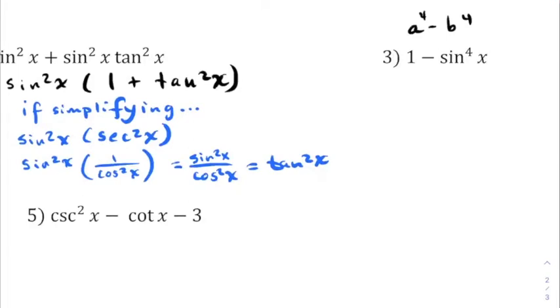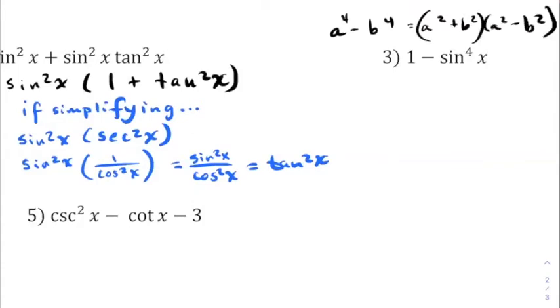This would be equal to, let me just move this over to the side, a squared plus b squared times a squared minus b squared. So we can apply that same principle here. So we'd write this as 1 plus sine squared x times 1 minus sine squared x.